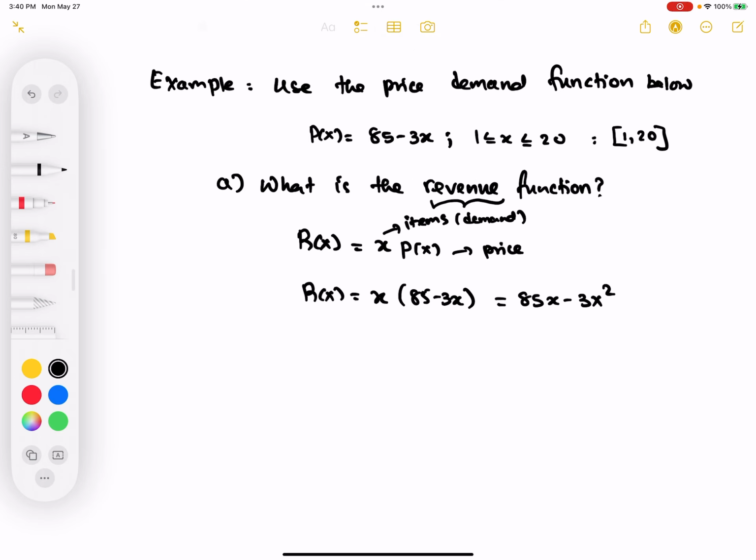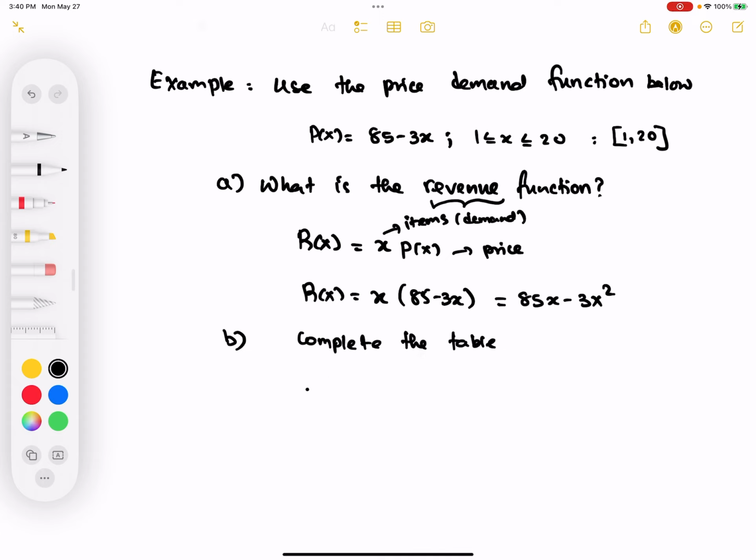Now, once you get this, you can find the revenue in terms of millions of dollars for selling, for example, 1, 2, 3 items, or in terms of millions in this case. For example, here, complete the table.